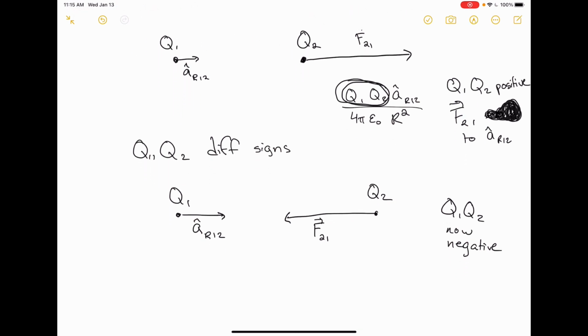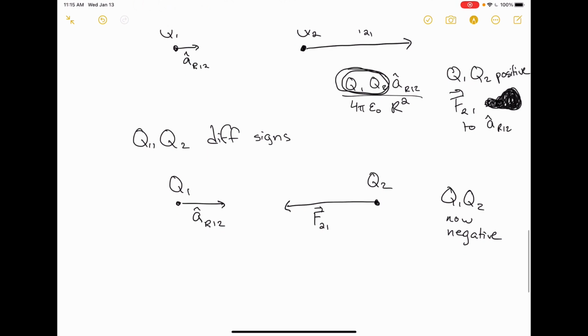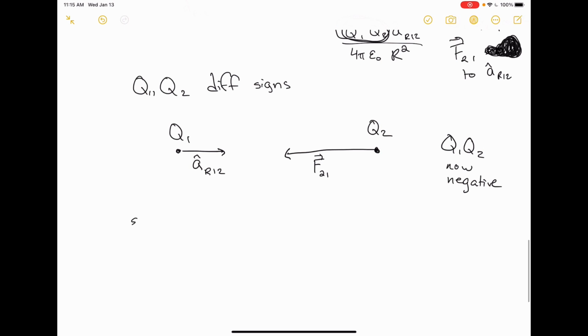Obviously, there is also a force on Q1 at the same time as this force on Q2 is existing. So if you have the same sign, there's Q1, there's Q2, a hat r21 looks like that. And if these two have the same sign, then the force on Q1 is going to point in the same direction as that unit vector.